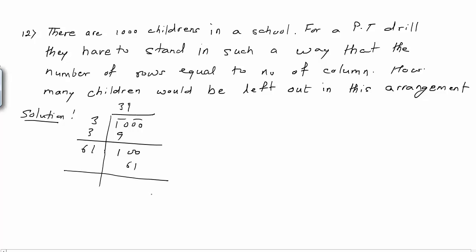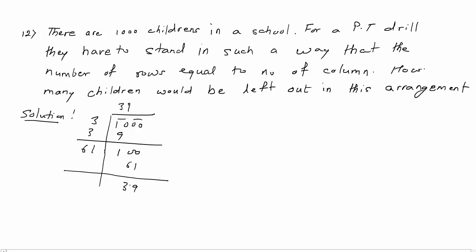And then 10 minus 1, 9, 9 minus 6, 3, 39. Now here I cannot add more students because there are only 1000 students. So either I can arrange them in a perfect square, or I have to remove some students from this 1000 students to make a perfect square.